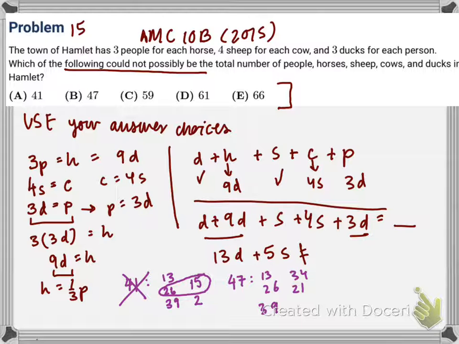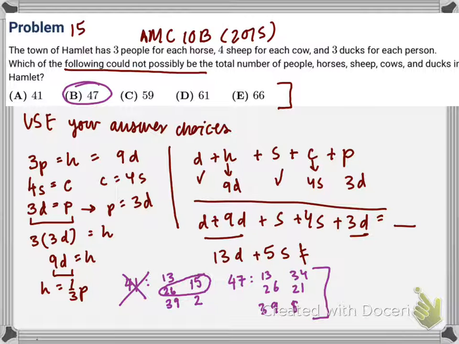And it can be written as 39 plus 8. But the next multiple of 13 is going to exceed 47. It's going to be 52. And so I really can't write 47 as some multiple of 13 plus a multiple of 5. So 47 right here is my answer because it cannot possibly be the total number.